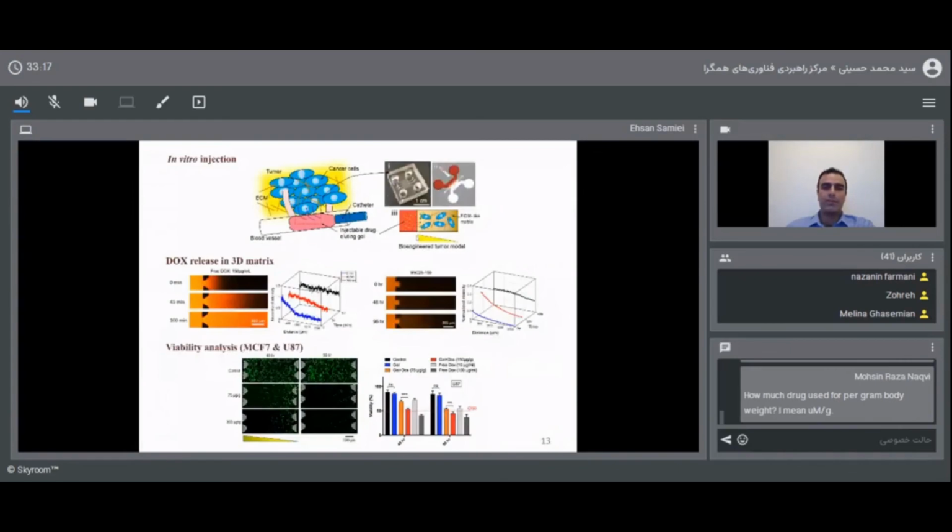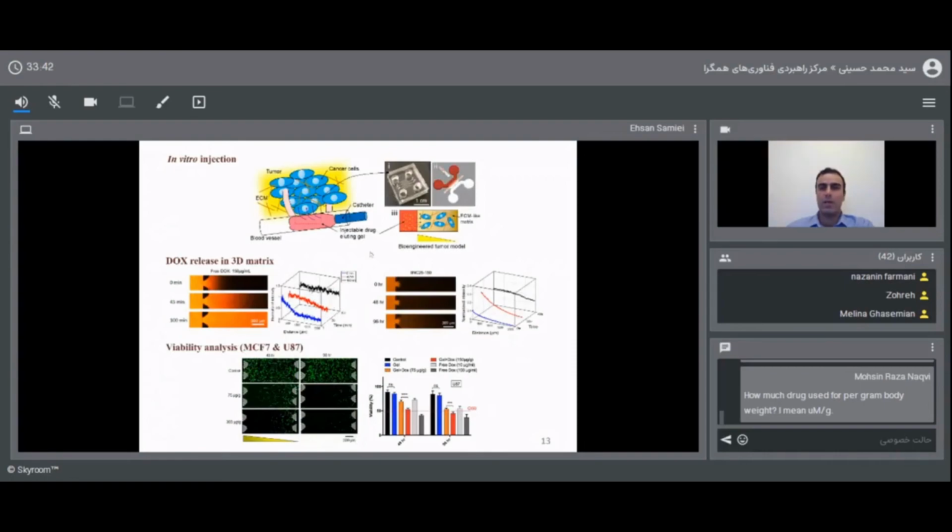So first we studied the diffusion of the drug into the tumor-on-chip model. First, the free drugs dissolved in the culture media, and we observed that in less than 100 minutes, the concentration in the tumor compartment is as high as that in the reservoir. So it reaches around 100% in less than 100 minutes.